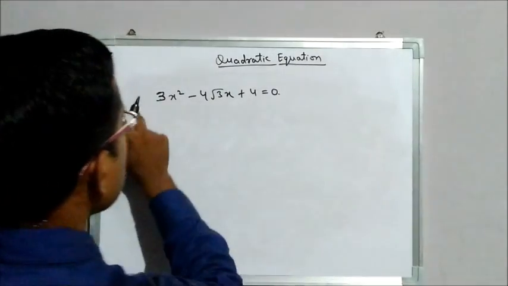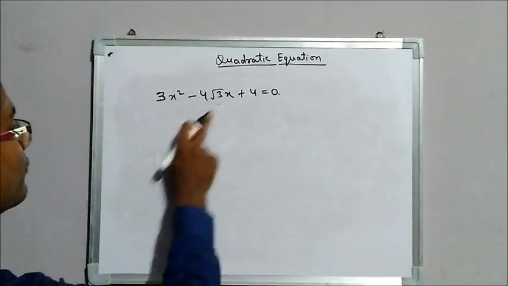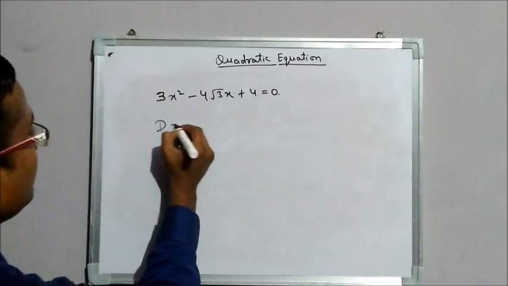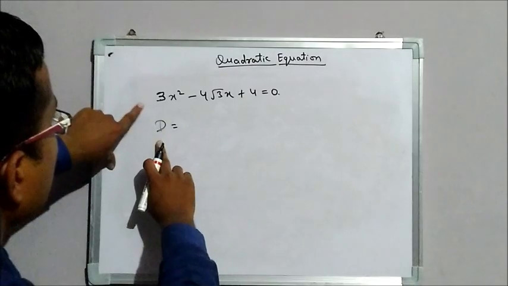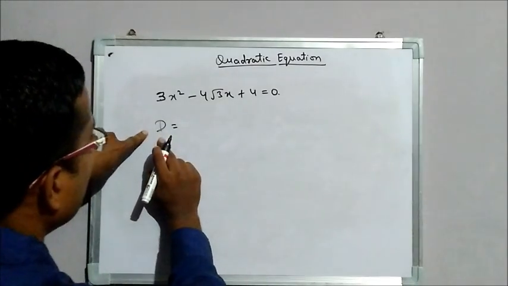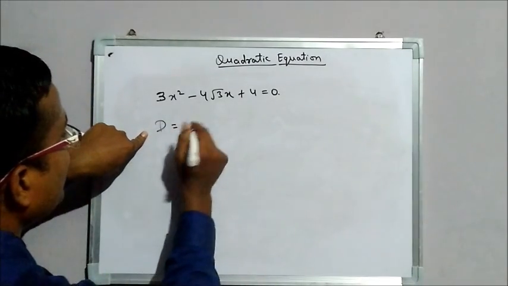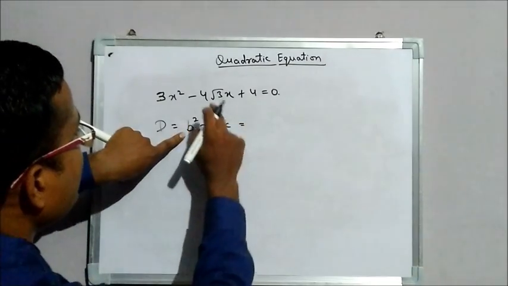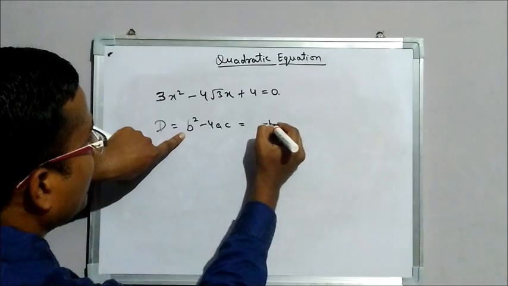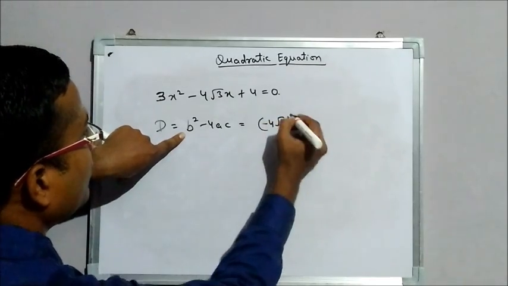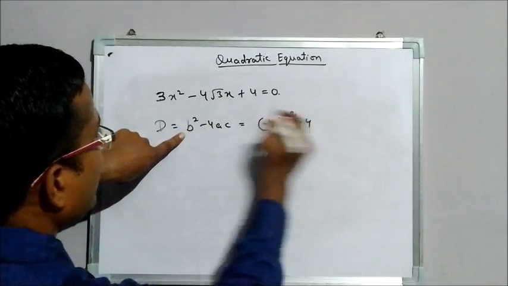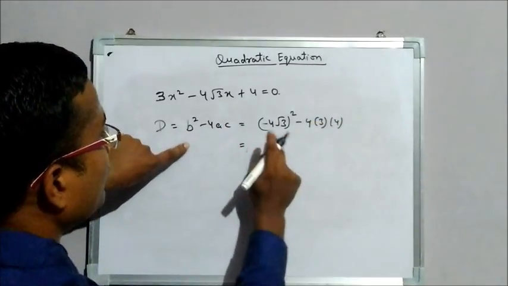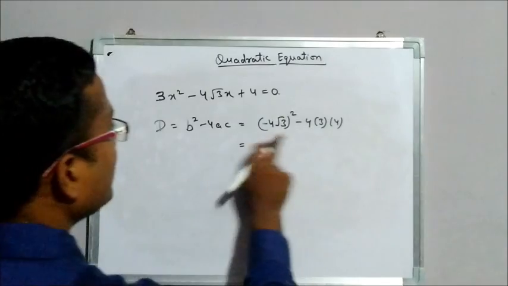Before finding the roots of this quadratic equation, we have to find the nature of the roots, which we do by finding the value of D. D is b square minus 4ac. b is minus 4 root 3, whole square, minus 4, a is 3, c is 4. So what do we get?